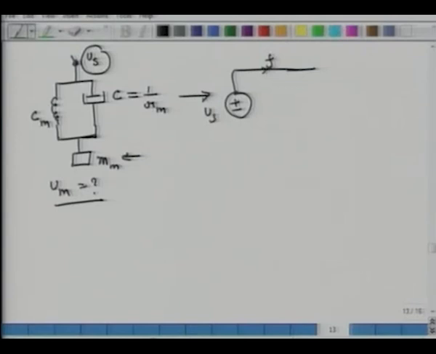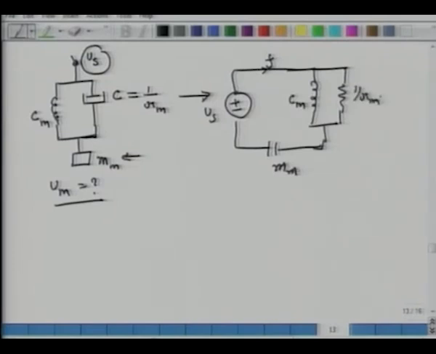Current is F, and then I have an inductor, I have a resistance, and then I have a capacitance. The value of capacitance is the same as the mass of the object. The value of inductance is Cm, and this value is 1 over Rm.